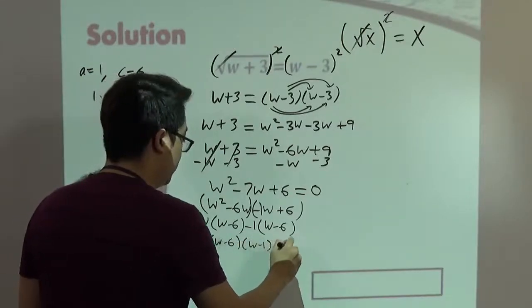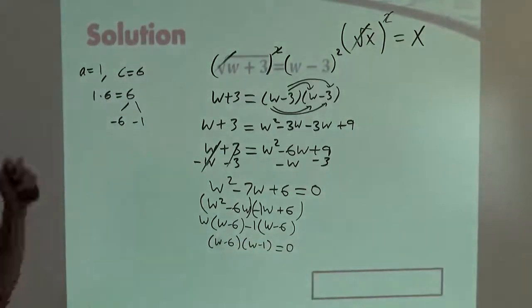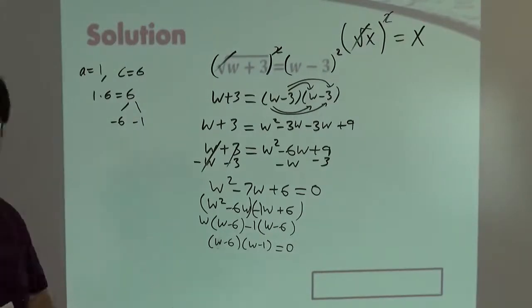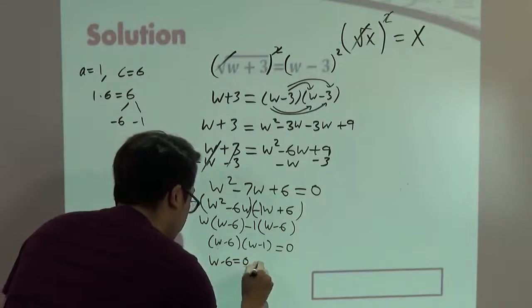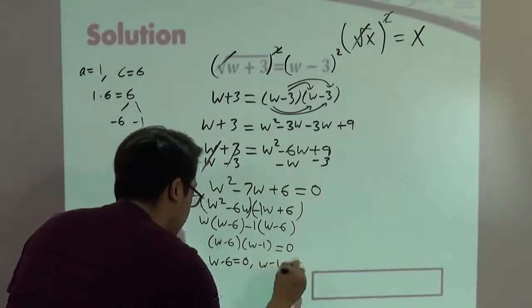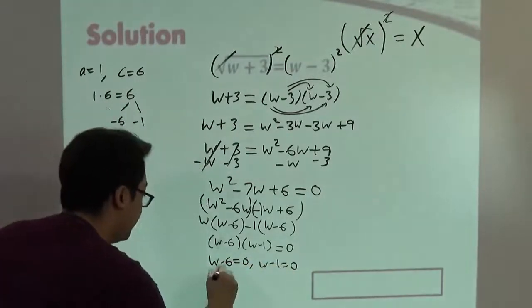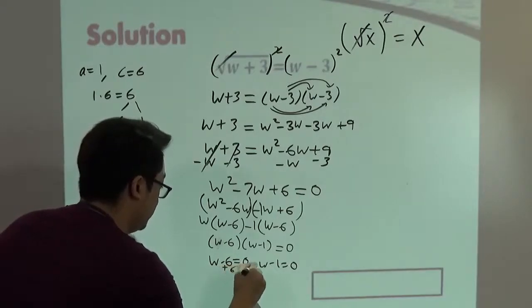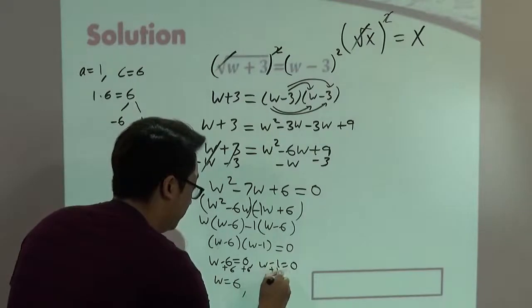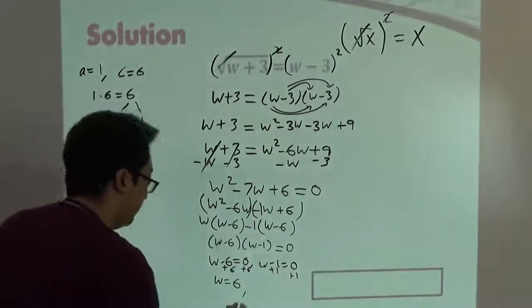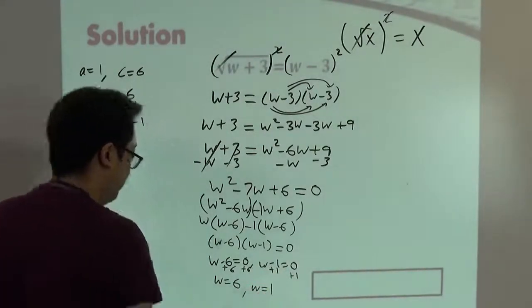And remember that all this should still be equal to 0. So now that we factored it, we can set them separately equal to 0. If you solve for w, I add 6 to both sides. I get w equals 6 is one of them. And I add 1 to both sides. So w is equal to 1.